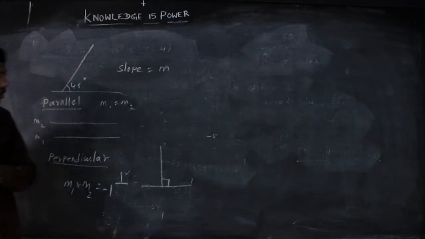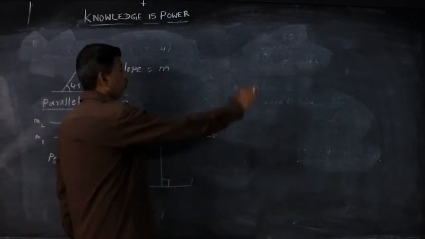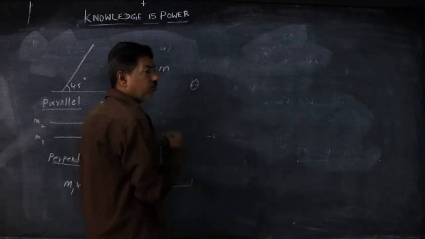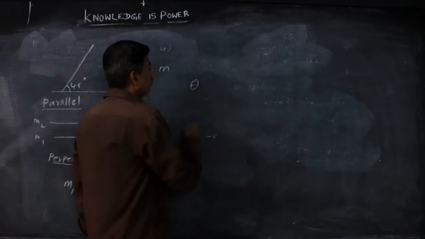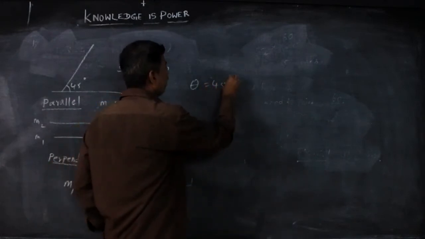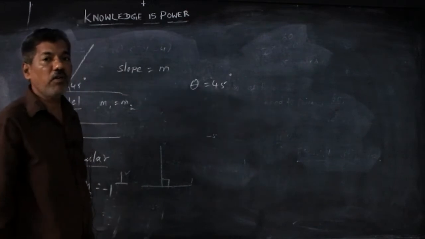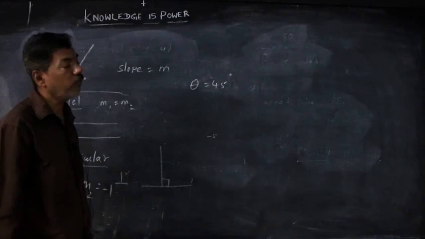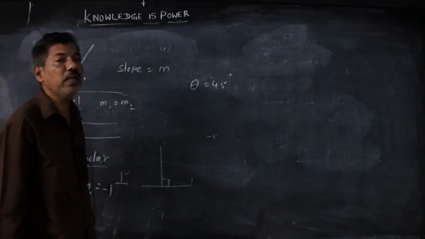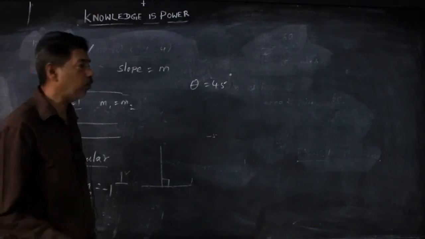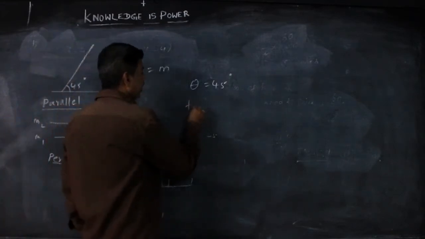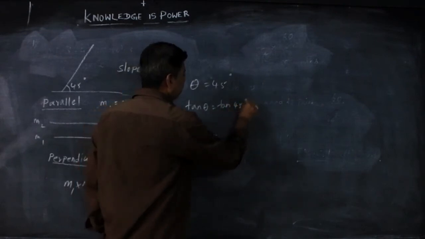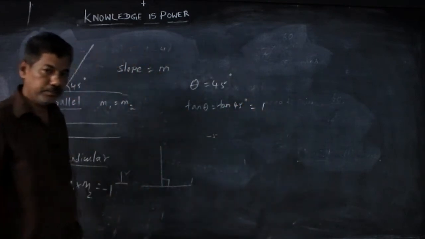Then when the angle theta is given, theta equal to 45 degree, the question asks to find that slope. What is the slope when the angle is 45 degree? Answer will be simply 1. Why? Because tan theta equal to tan 45 equal to 1.